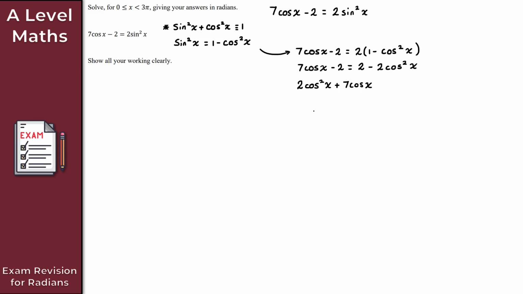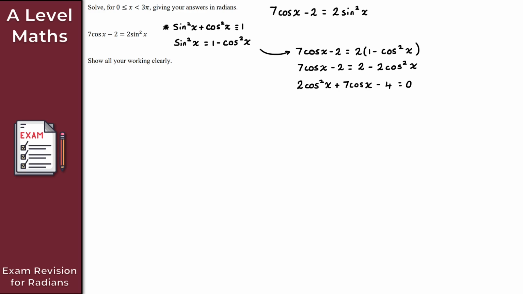And given that we want to solve this quadratic equation, it would make sense to make one side of the equation 0. So let's also just subtract 2 off both sides. So minus 2 minus another 2 gives us minus 4. Okay, and this is all equal to 0.